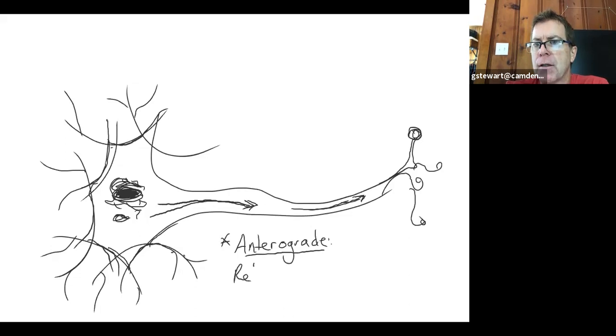Retrograde is just the flow of material in the opposite direction. That's the flow of material. I'll use a different color. Retrograde would be the flow of material from the terminal end back toward the cell body.